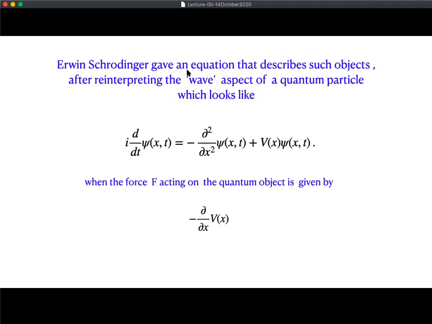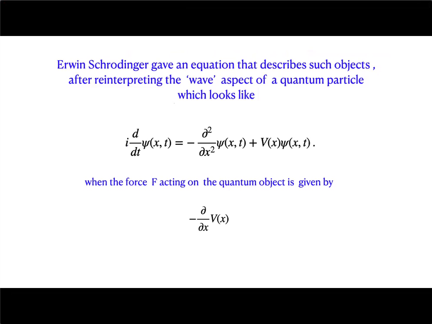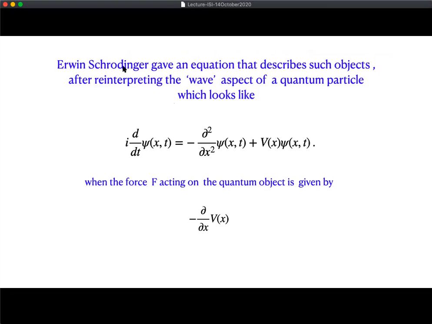Now, when in quantum mechanics it was observed that a quantum object has both these features, one had to understand what equation such an object satisfies. Edwin Schrödinger gave an equation that describes such objects after reinterpreting the wave aspect of the quantum particle. He took a function of x and t, where x is the one-dimensional space variable and t is time. This equation is linear, with a first order derivative in t.